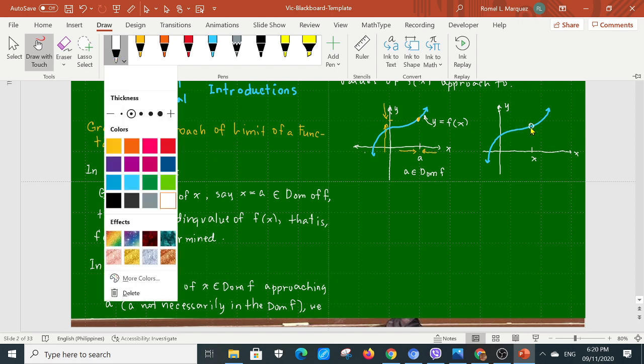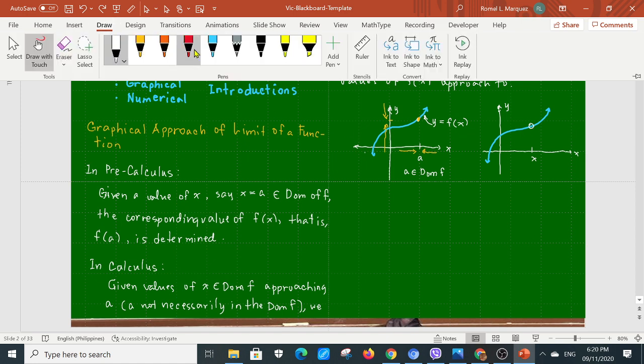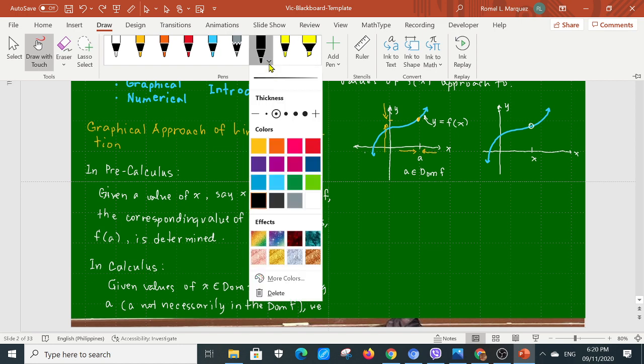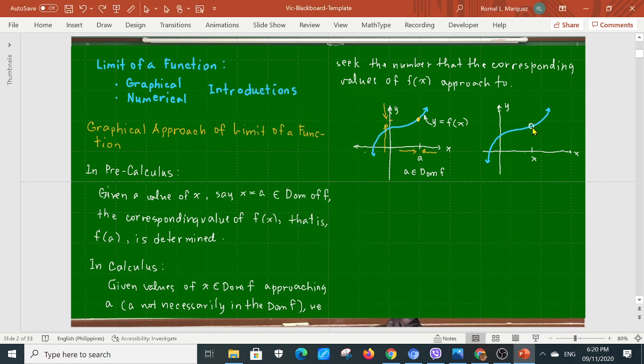For this to really look like a hole, I am going to cover it with green, more color, so that it will not really be seen and will really look open. So this is really open. That's a hole.